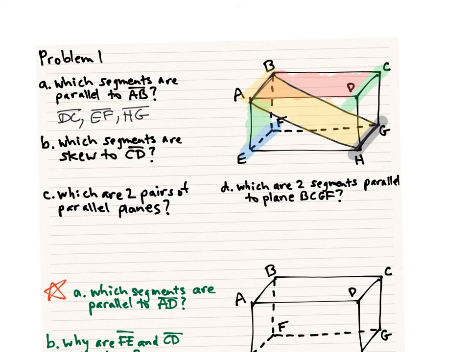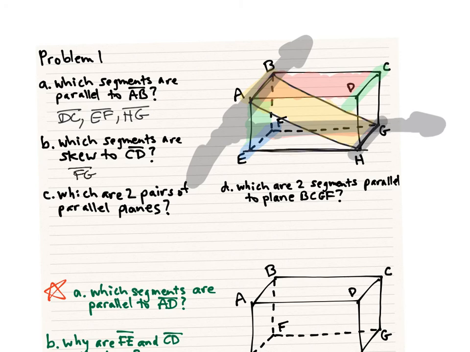This line here is going to go on forever this way, and this one is going to go forever this way, up. It doesn't actually intersect here because this is above. If you think about the fish tank, it's up here, and this is the bottom of the fish tank down here. If they went on forever, they would never touch. They're not parallel. So let's say FG is skew.